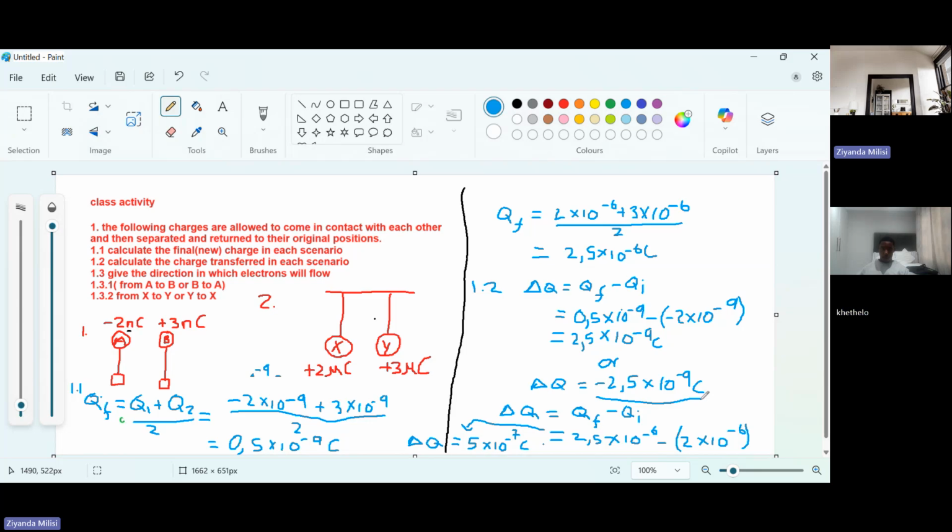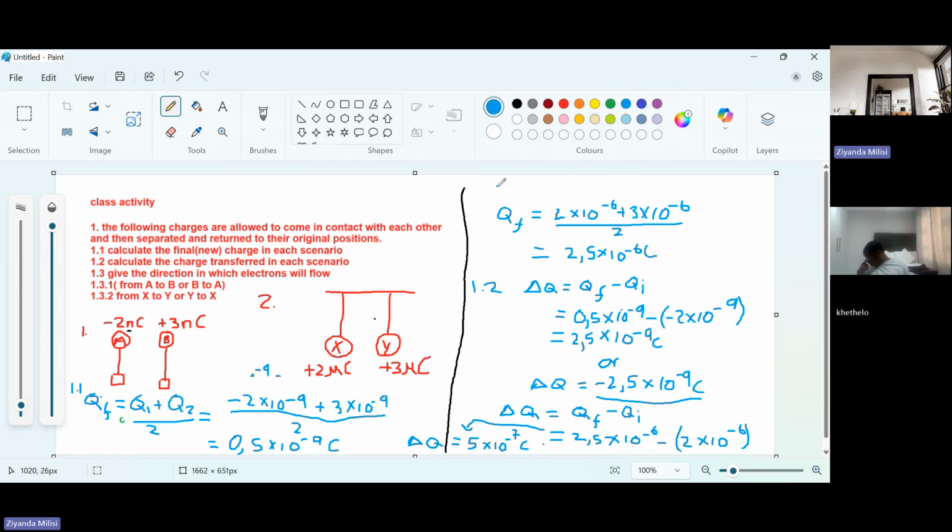Not that they themselves become negatively charged, but the charge transfer is negative if we use the initial charge that has gained. For the one that has lost, the charge transfer is positive.